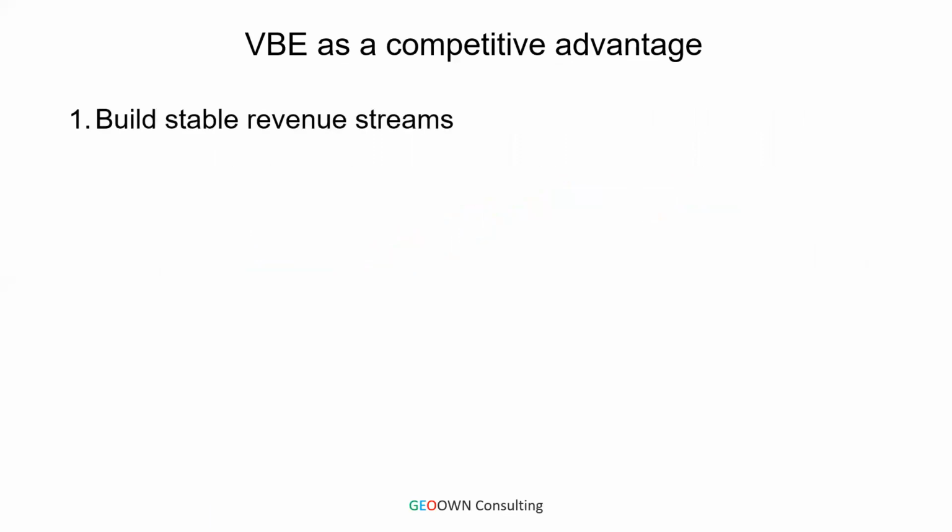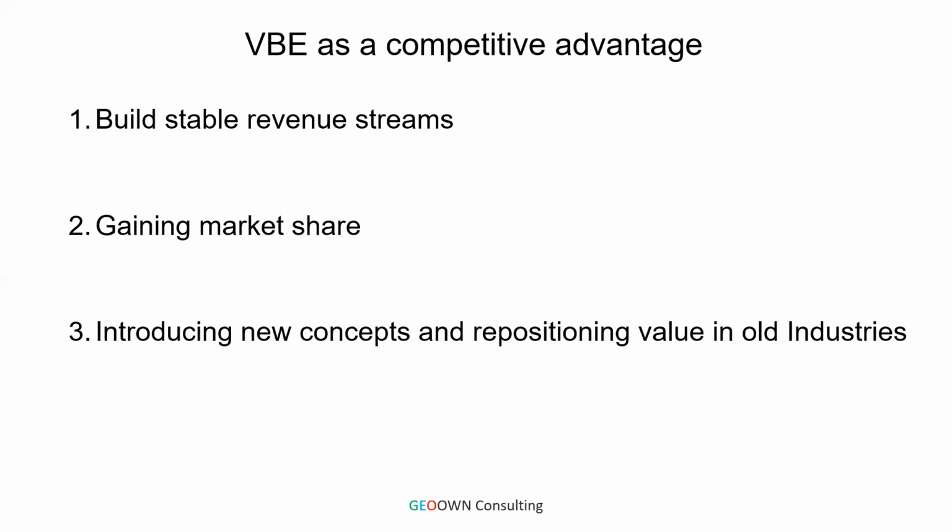So VBE models are used as a competitive advantage, and VBE models can be used to build stable revenue streams. They could also be used for gaining market share, and they are used for introducing new concepts and repositioning value in old industries.